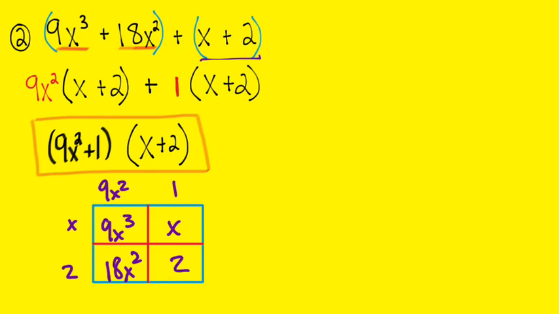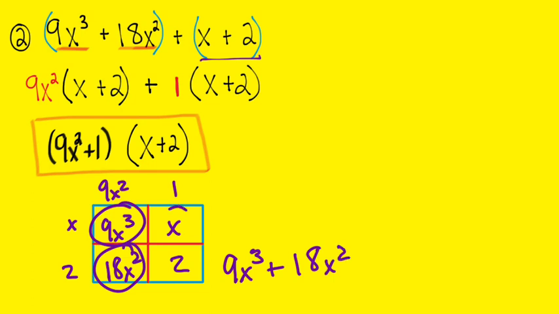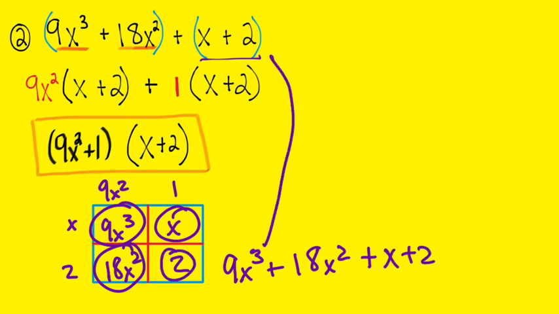And when I combine my like terms, I end up with 9x to the 3rd power plus 18x squared plus x plus 2. And it gets me all the way back to the beginning. So I know I did it right.